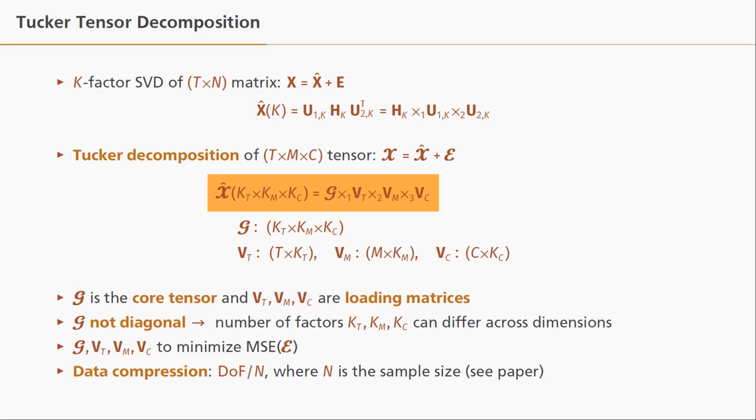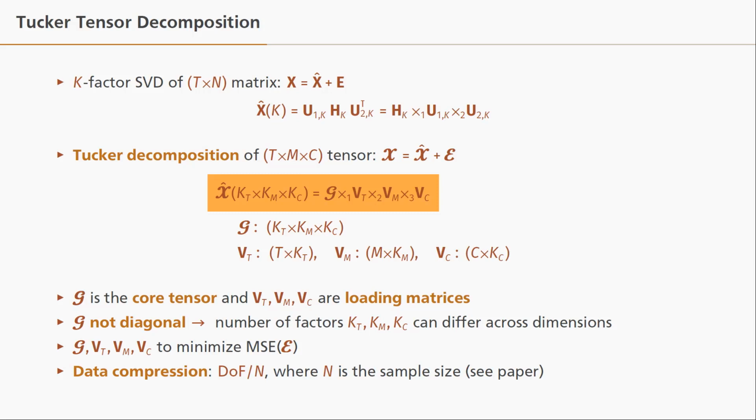And this here is the Tucker approximation. Okay, so where G is, I have KT factors in the first, KM second, KC third. So this is a core tensor, a small core tensor, and that's multiplied by these three matrices that essentially expand the core tensor into the same dimensions as the data.